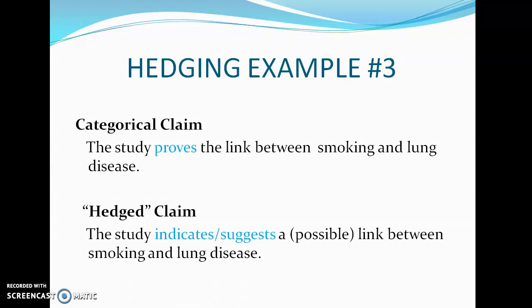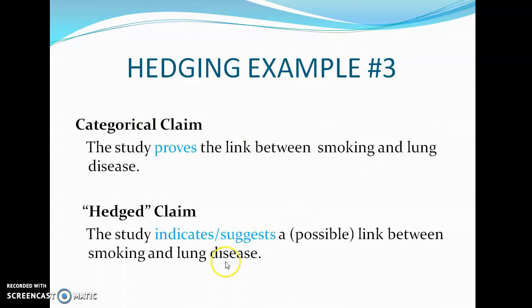So the third example about hedging: the first one is a categorical statement. It shows the absolute correctness of the writer, and the writer used this kind of statement. They can stay clear of the flow of objections.